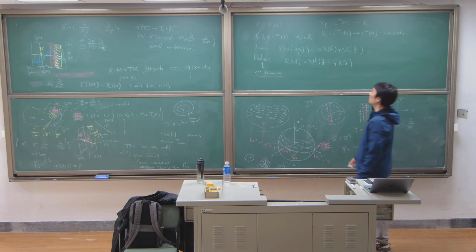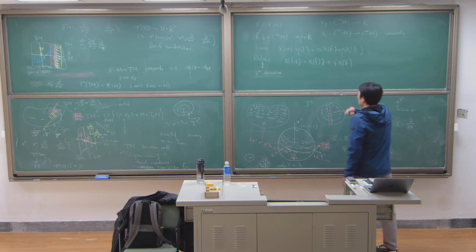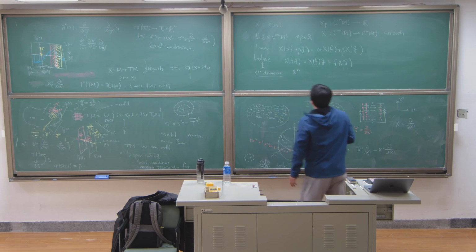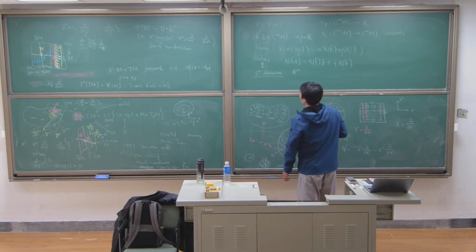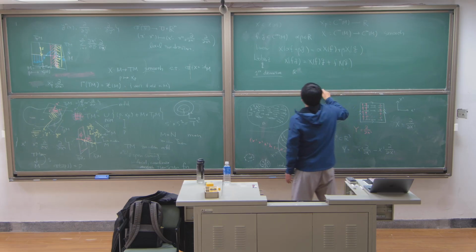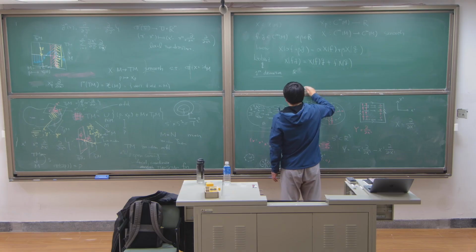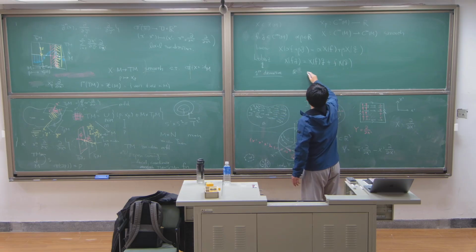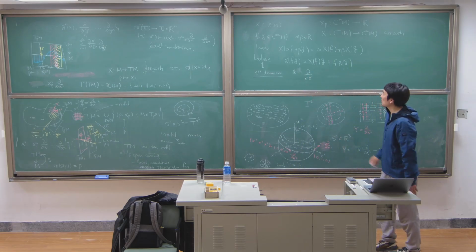Okay. For instance, in R^n, there is a function, whatever function you can call it. R is enough. Suppose in R, the vector field is something like that.